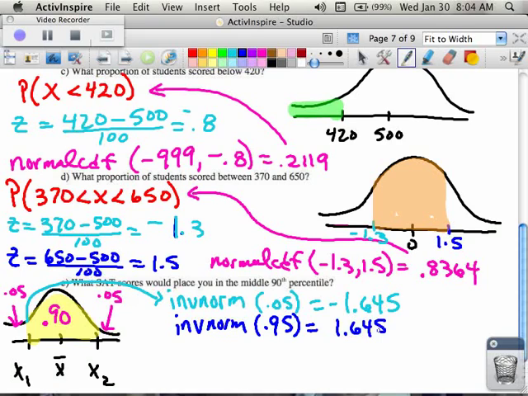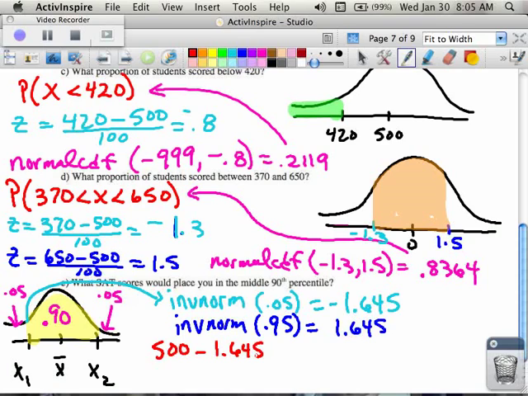Now the thing is, if you're doing this, and you want to find out the score, like for example that first x score that we were talking about on the left at 0.05, we know the mean is 500 for the SAT. So to find that first score, what you would do is you would take that 500 for your score on the SAT, and then you would subtract off 1.645, because you're 1.645 standard deviations below the mean, times whatever your standard deviation is.